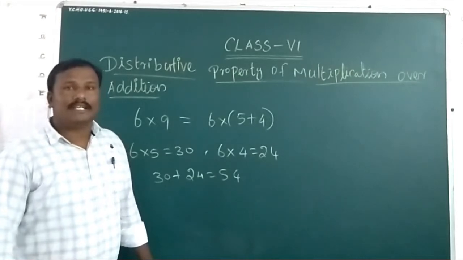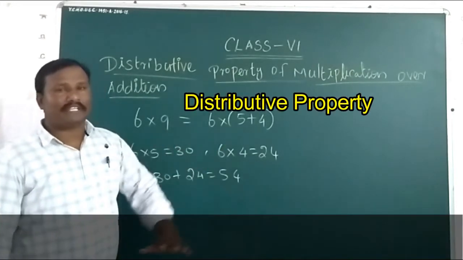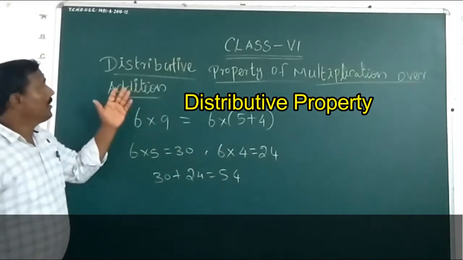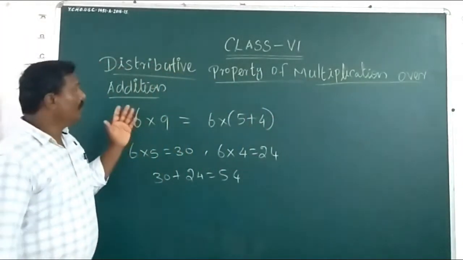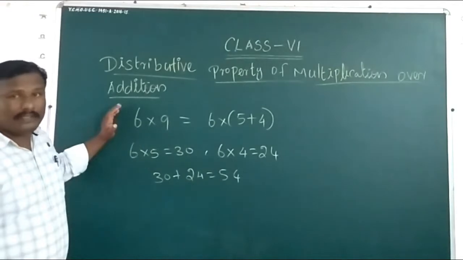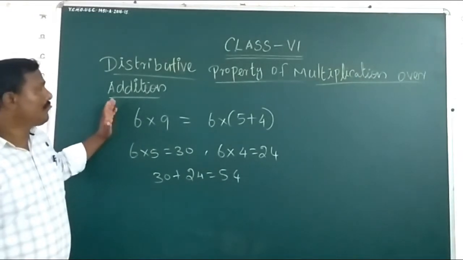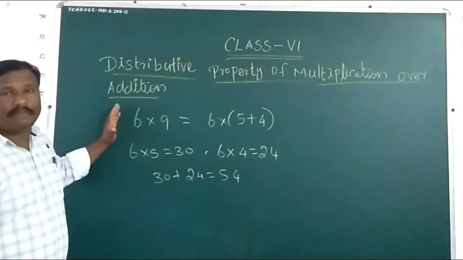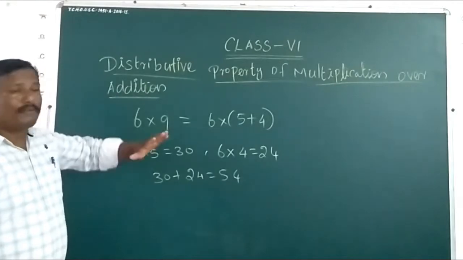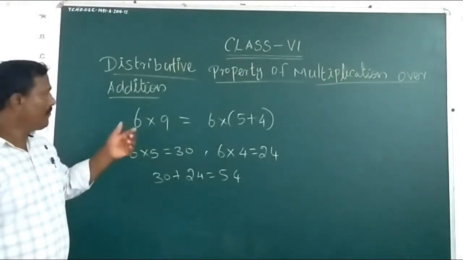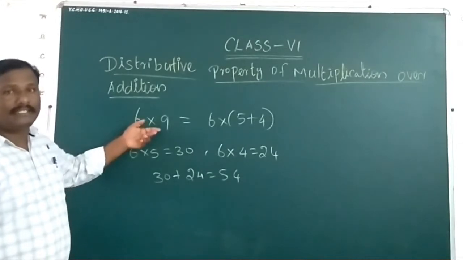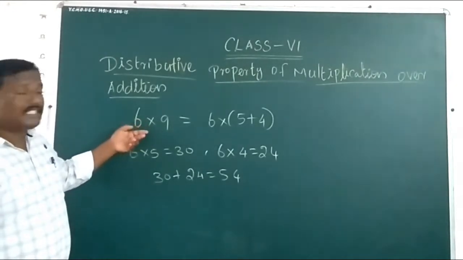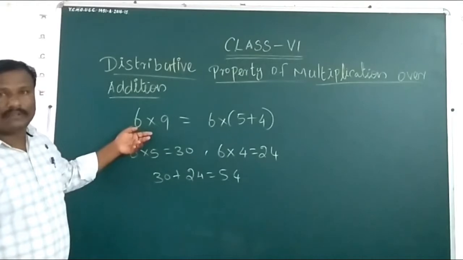Okay students, let me talk about the distributive property. Distributive property of multiplication over addition. When we are doing addition and multiplication, we have to distribute the values. So if you look at it, I have taken an example. 6 into 9, 6 9s are 54.